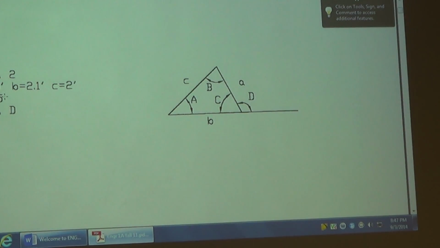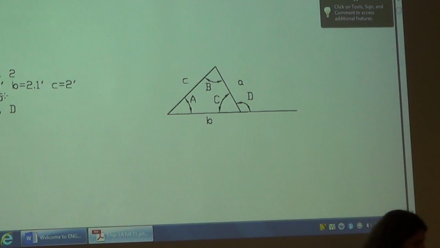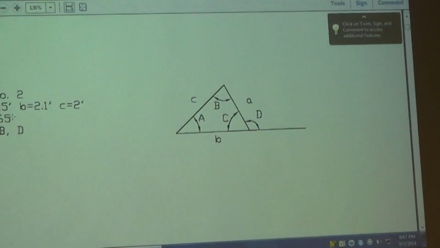We need the law of sines for number 2. You don't need it, you have to use the law of sines.